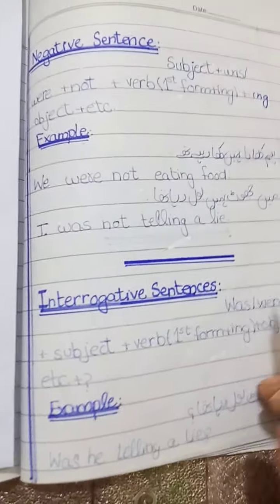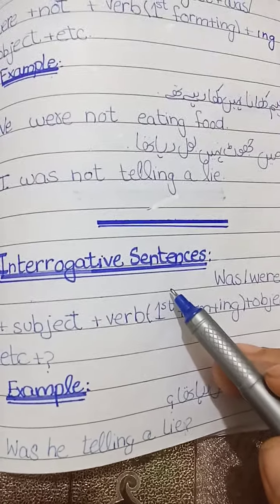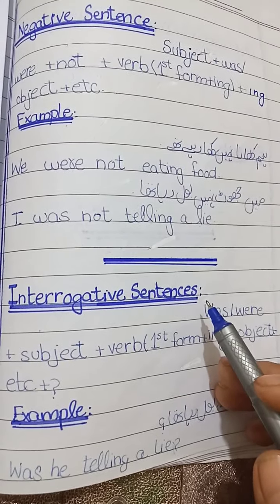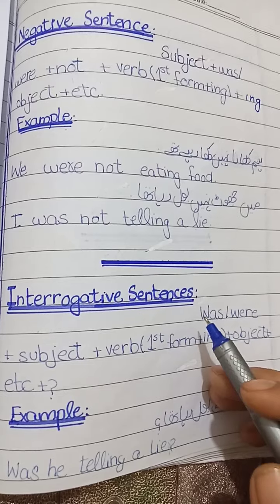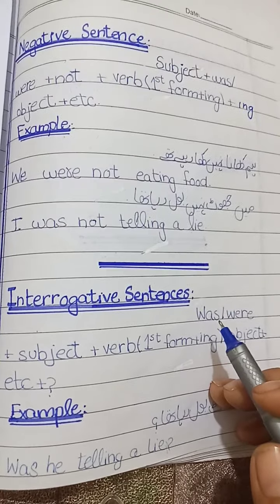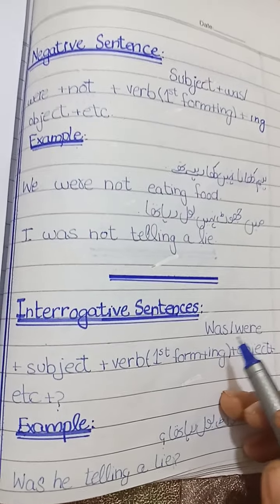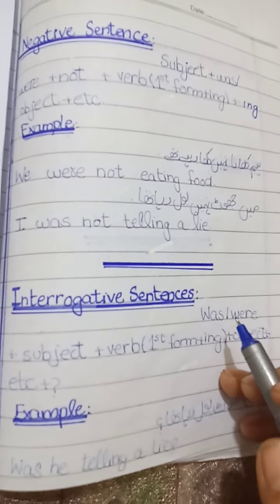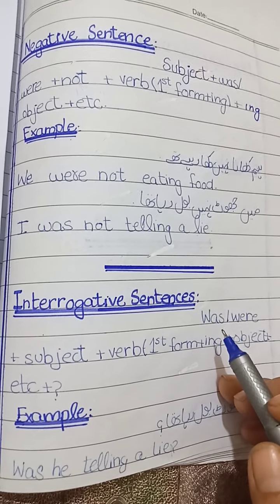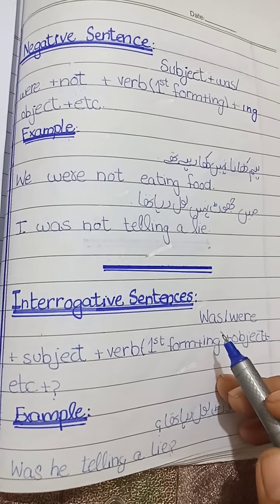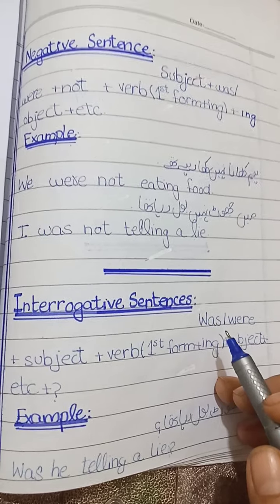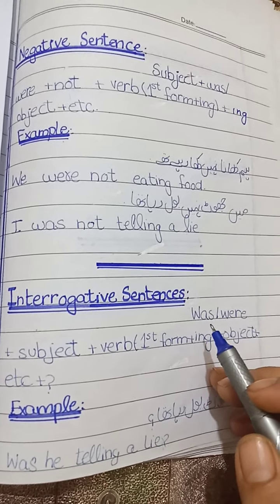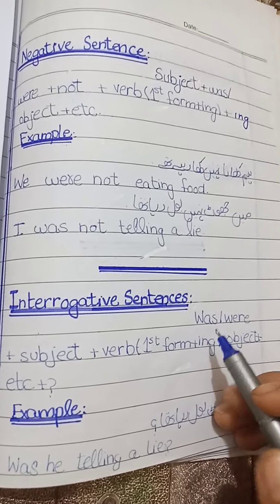Now we will move towards interrogative sentences. In interrogative sentences, as you know, whenever you are going to make interrogative sentences, we will start that sentence with helping verb or question word. So if we are going to translate past continuous tense in English and the sentence is interrogative, the helping verb was and were will come at the start of the sentence.